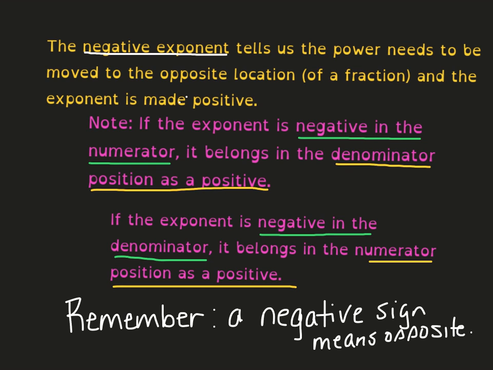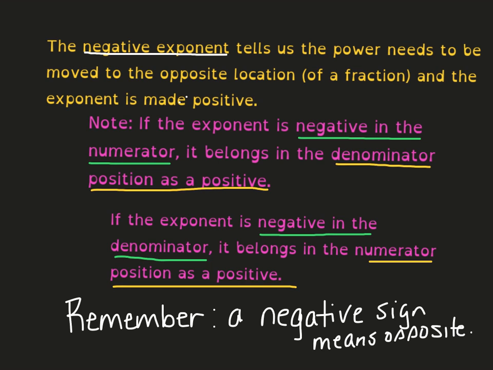And this is why I said this is going to be on that slide. I chose some good colors here. The negative exponent, because negative means opposite, tells us that the power, meaning the entire thing, needs to be moved to the opposite location of a fraction, and the exponent is made positive. Now note, this is a kind of a summary.